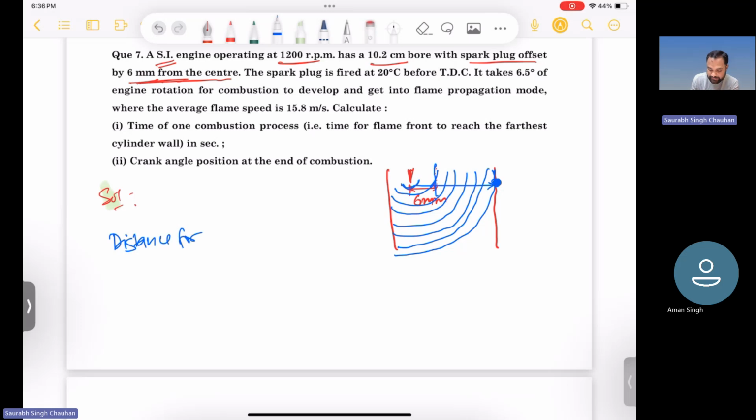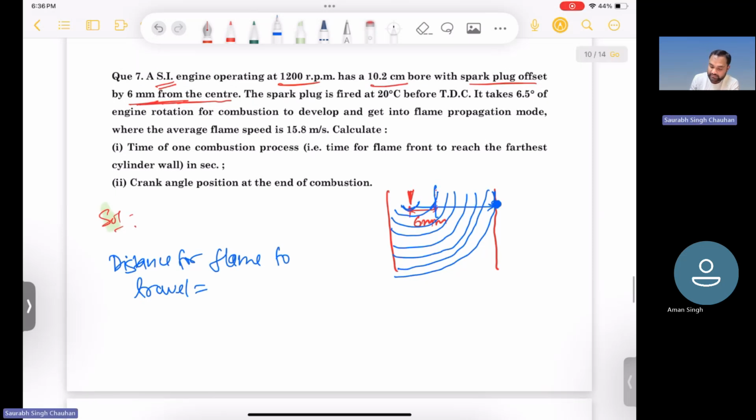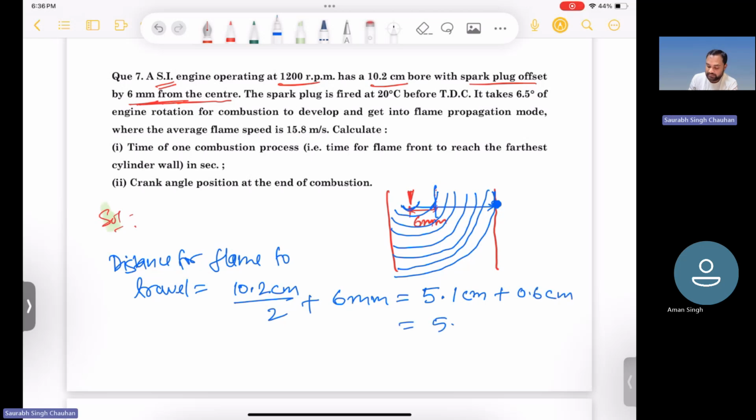Distance for flame to travel is radius plus this offset, right? So 10.2 centimeter divided by 2 plus 6 mm, so 5.1 centimeter plus 0.6 centimeter. So it will be 5.7 centimeter. So this is the distance that flame needs to travel.